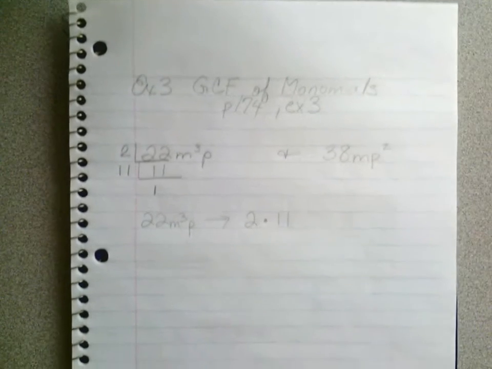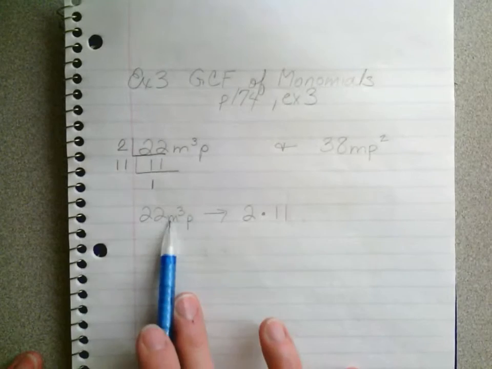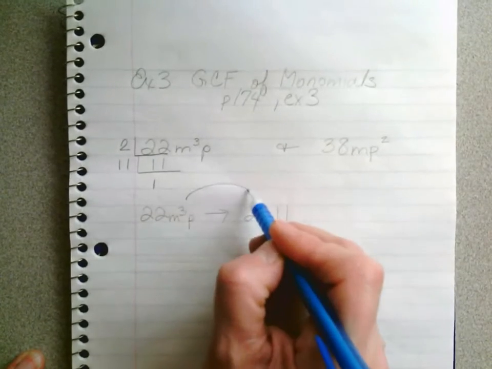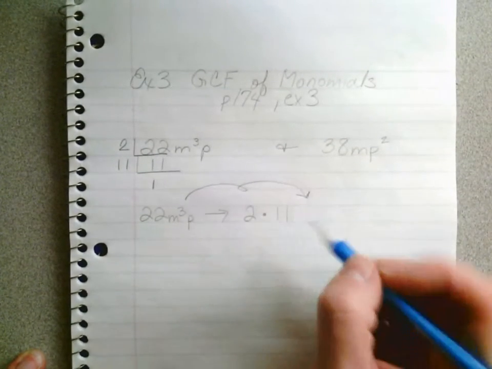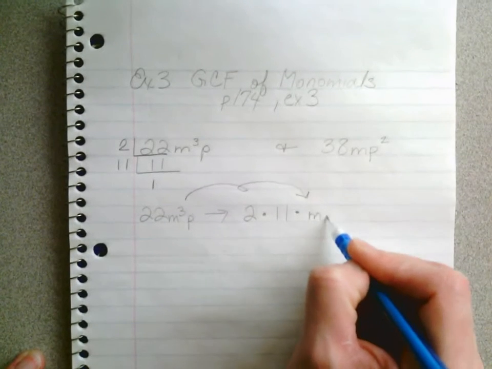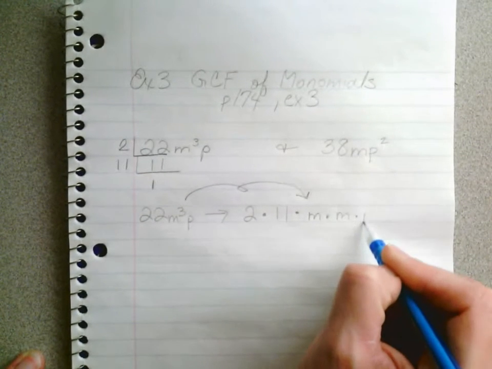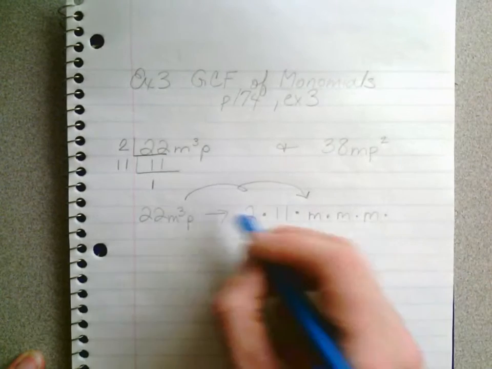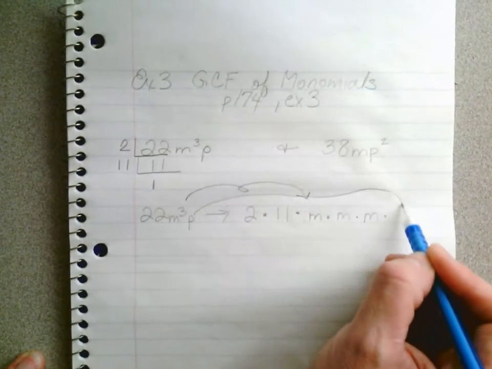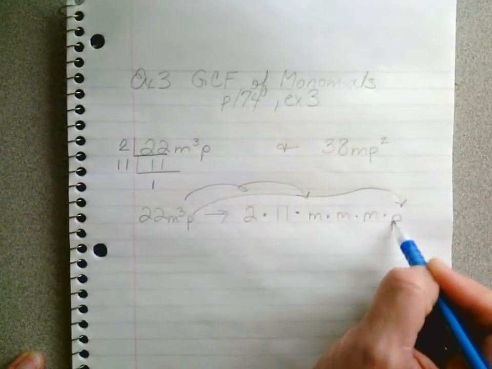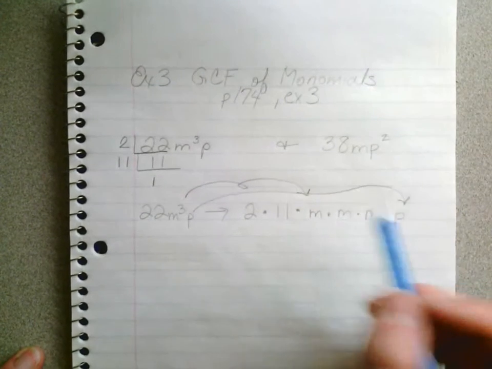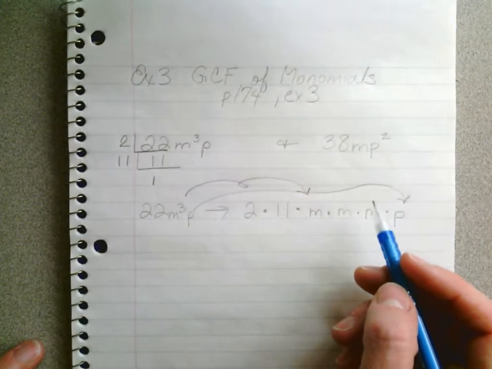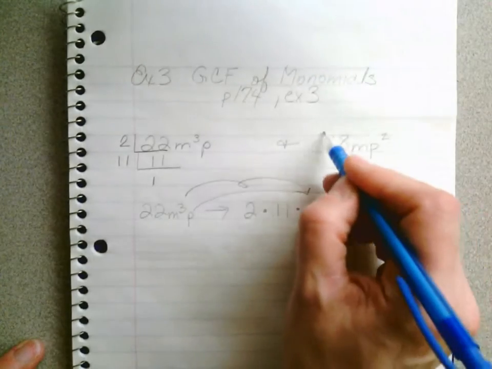And what you guys learned last week, what you do with exponents is you simply break out the variable. M. P only appears once, right?